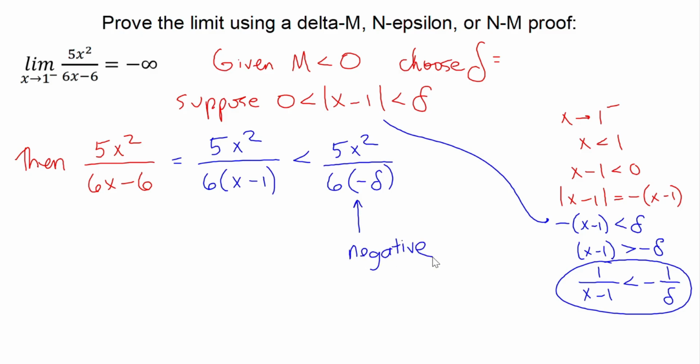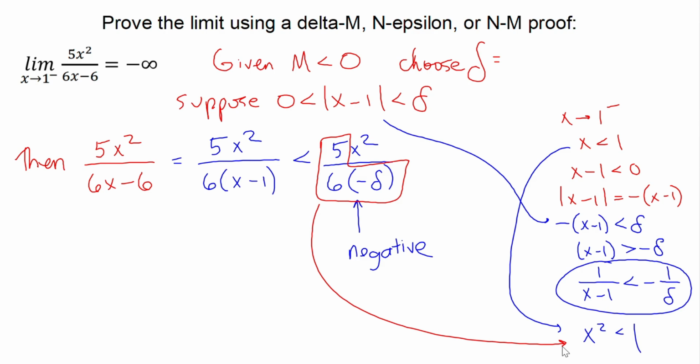We're going to erase some of what we're doing, but if we just go down here and say x is less than 1, then x squared is less than 1, I can't take the inequality that x squared is less than 1 and multiply it by 5 over negative 6 delta. I can't multiply both sides of this by 5 over negative 6 delta and retain this less than sign. It'll flip to become a greater than sign because I'm multiplying both sides of an inequality by something that's negative.